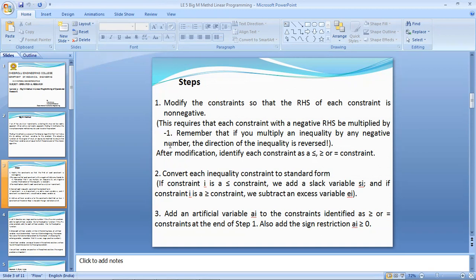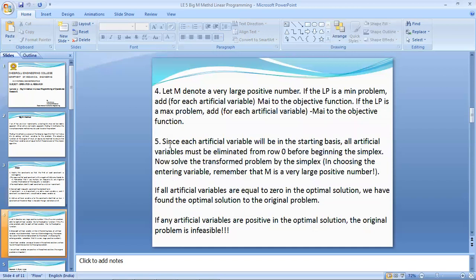That is the first step, and hence the sign conversions follow. In step 2, each inequality constraint is converted to a standard form, greater than or equal to 0. And in the third step we add an artificial variable to the constraints identified in step 1, after equating to 0, and consider M as a large positive number.